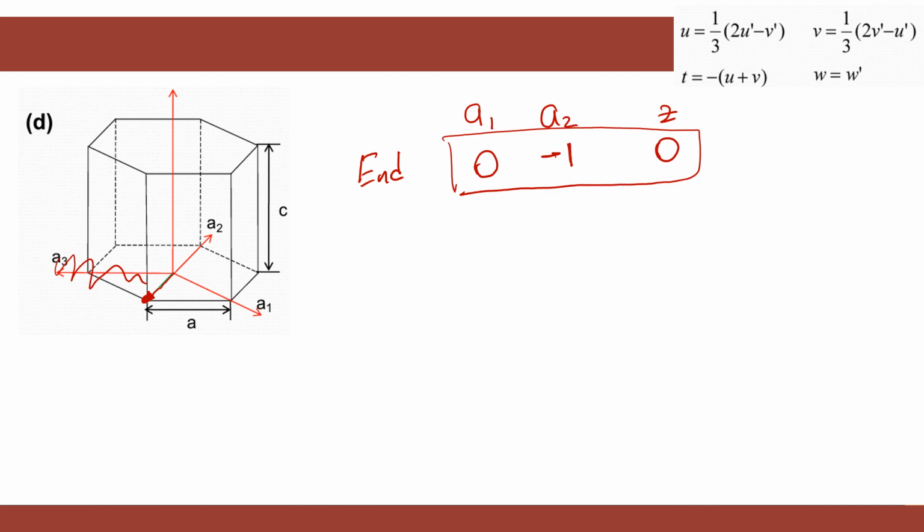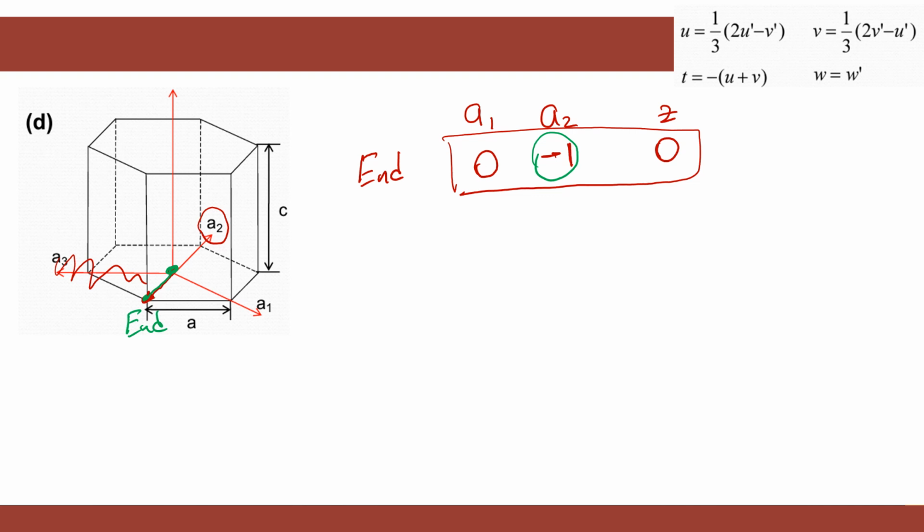Did you find where you went wrong or not? So just by going from the origin, you just have to go -1 along the A2, opposite direction along the A2, then you're reaching the end point. Am I right? So that will be just this one, isn't it?